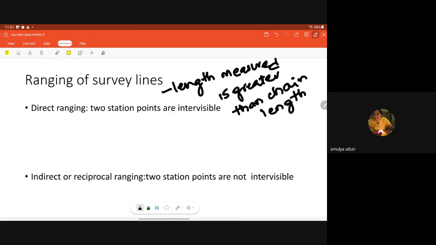What is direct ranging? When my two station points of survey are intervisible, then we go for direct ranging. How can we do direct ranging?